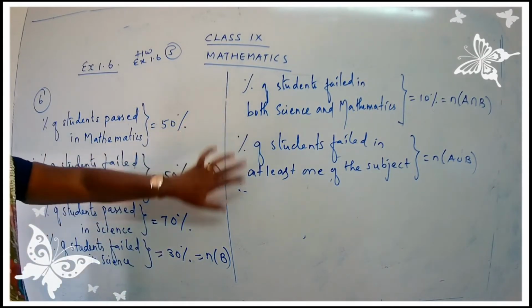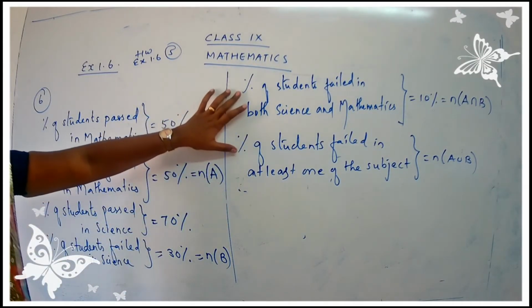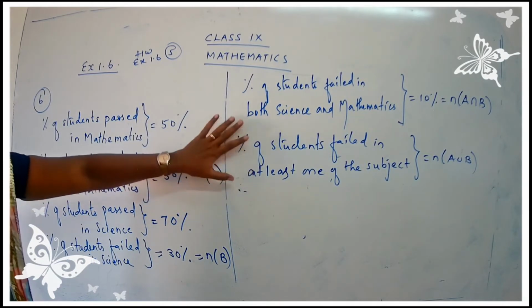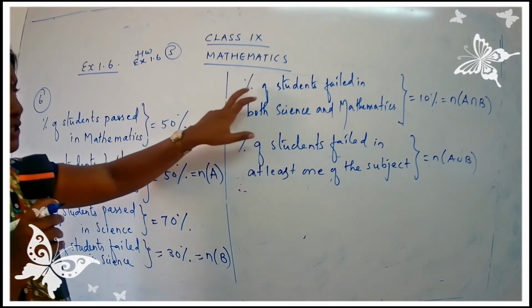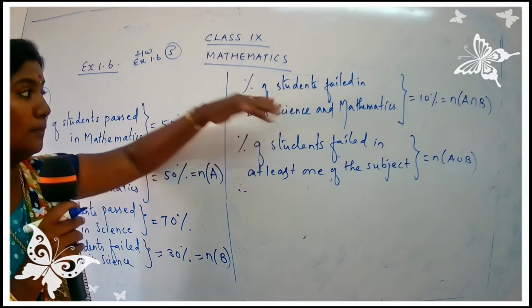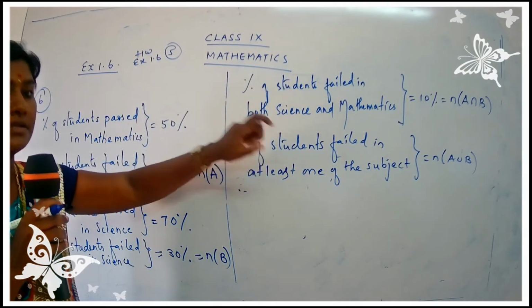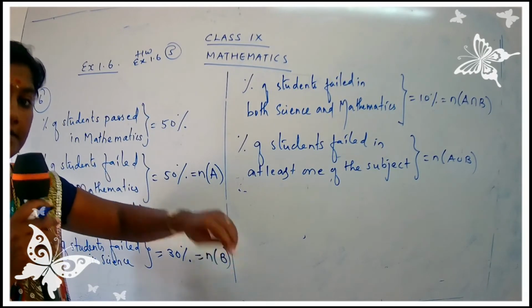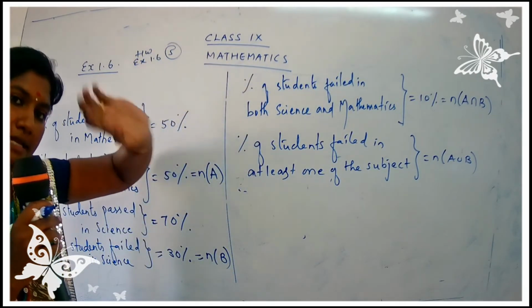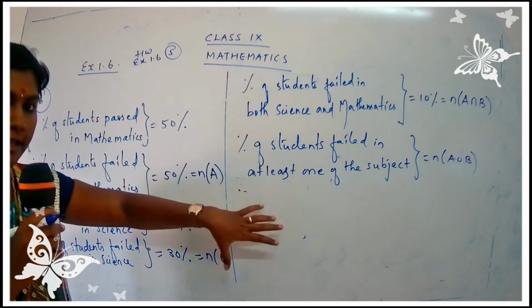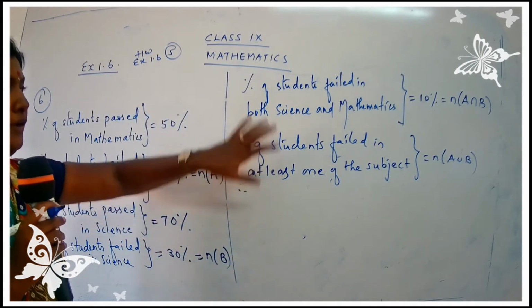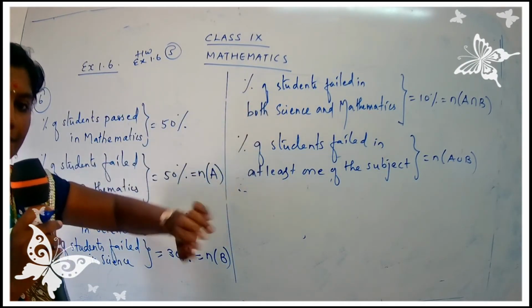So there is a difference in these two statements, children. Here you may ask, they both look the same. There is a difference. Percentage of students failed in both. Both means the student has failed in science and mathematics. Here compulsorily, or surely, or confidently you can say the student has failed in both the subjects.